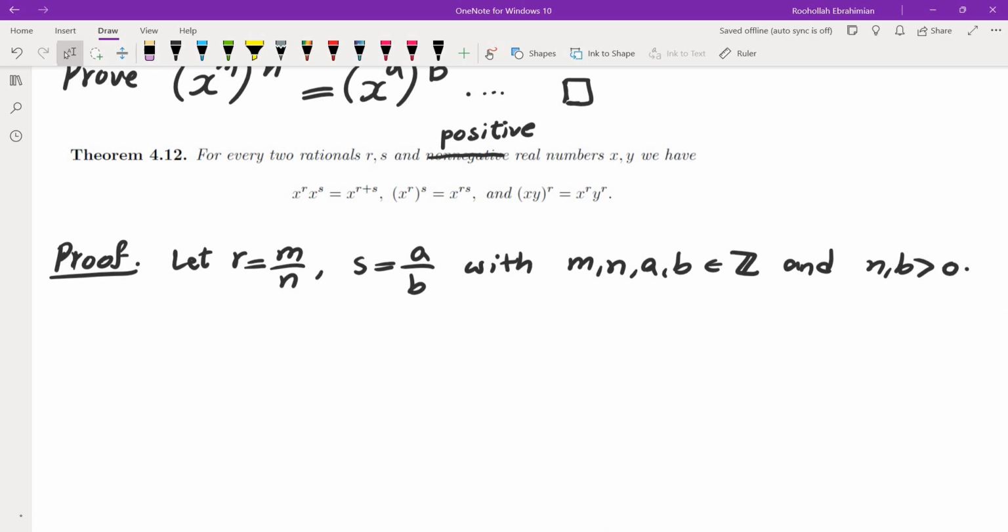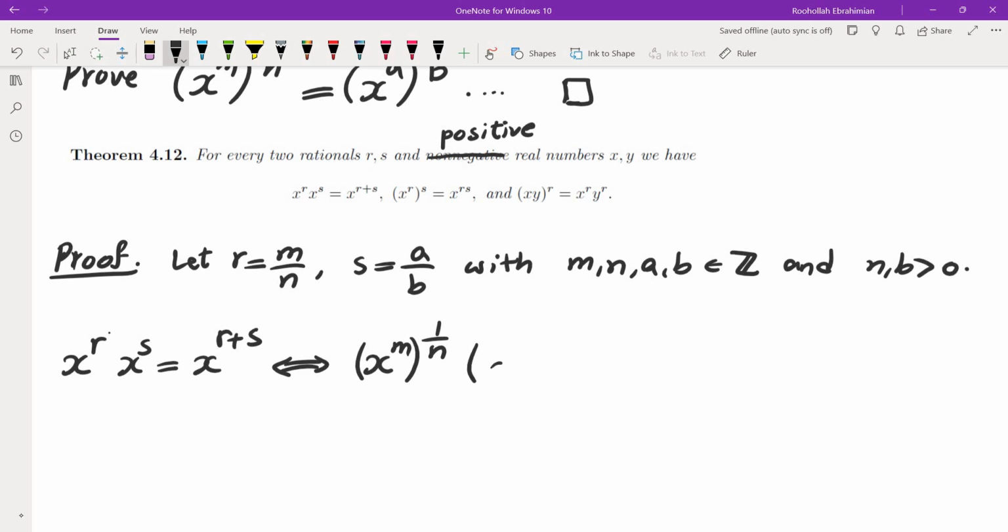Now x to the power of r times x to the power of s is the same as x to the power of r plus s if and only if, so I'm going to write down the definition. x to the power of r is x to the power of m to the power of 1 over n, and x to the power of s is x to the power of a to the power of 1 over b, which is the same as x to the power of, and we just take the common denominator, we get mb plus na, raised to the power of 1 over nb.